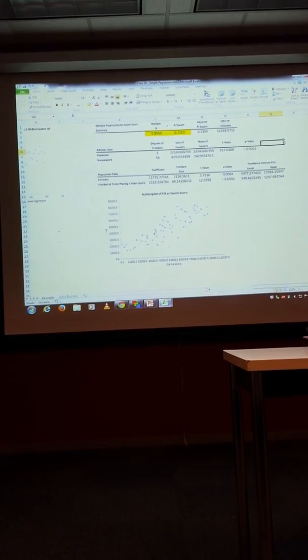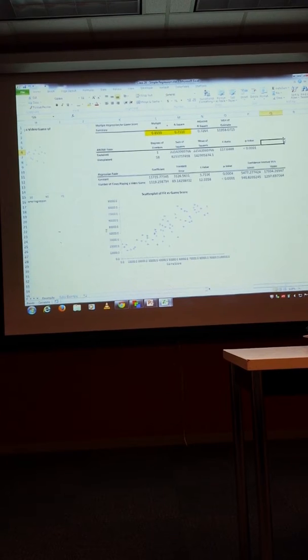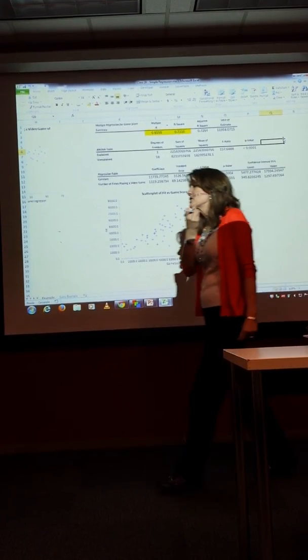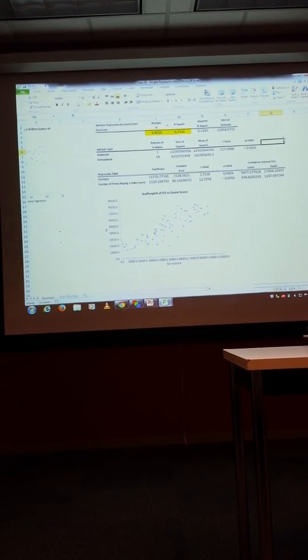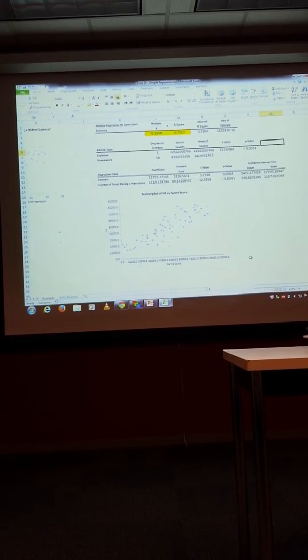The way that you know what R squared is, it is the percent of the variation in Y that can be explained by X. So for us, that's the percent of the variation in the score that can be explained by how many times you play it.